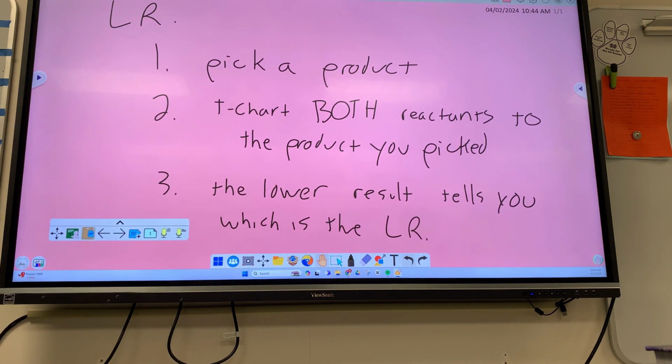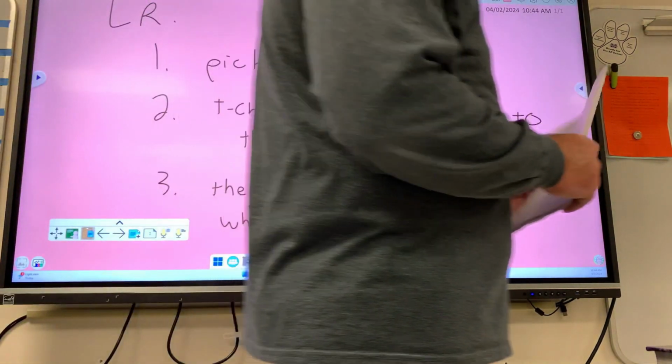Now, let's look at the first problem on here together. It's going to project out on that, in the packet. So what do we have to do first?